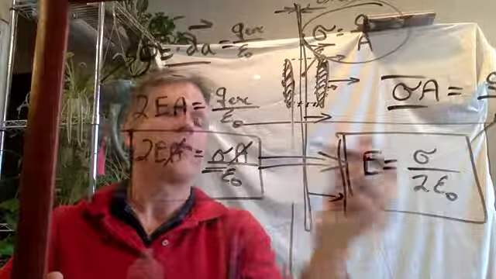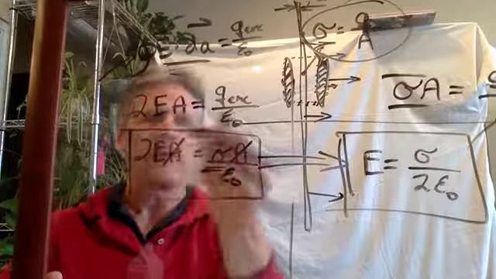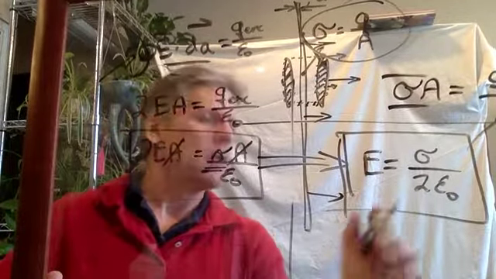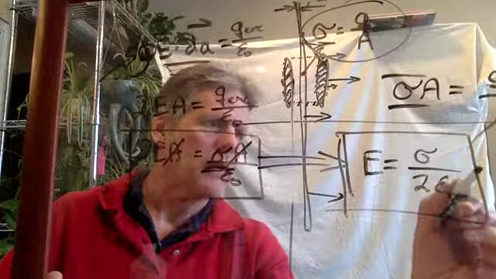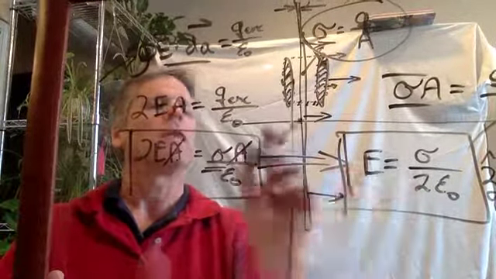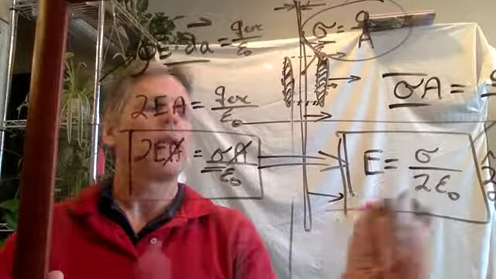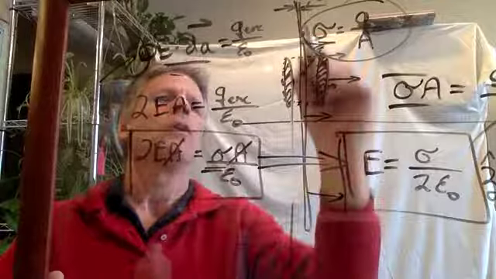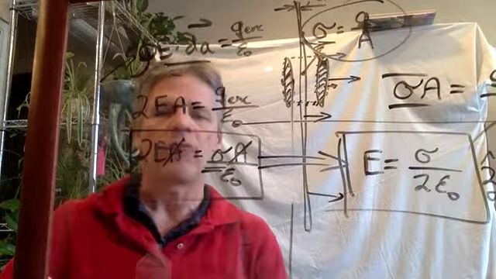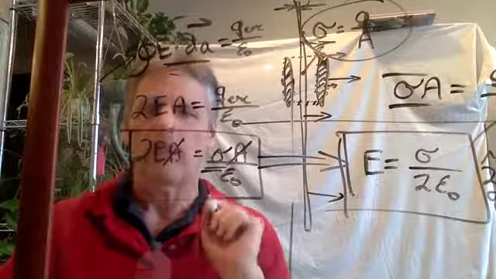And for negative Z, it'll be negative going in this direction. So it is going to be in the Z hat direction. And once again, if sigma is negative, then it will just be this way and this way. Okay? So now we know the electric field due to an infinite sheet of charge. We are now going to take this knowledge and extend it to other situations in just a minute.